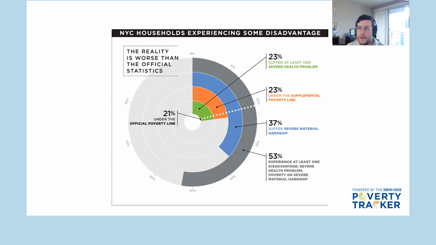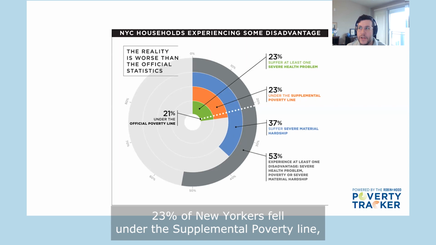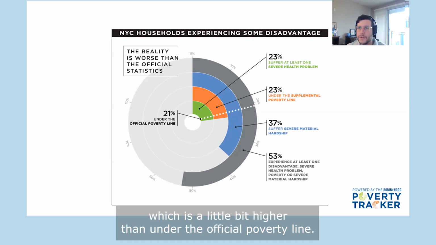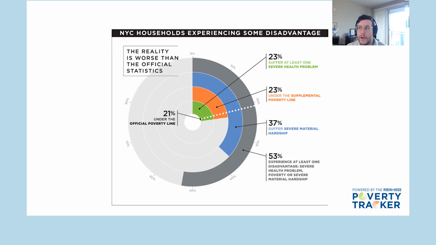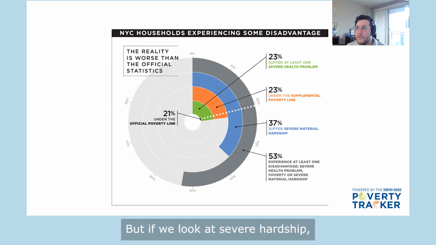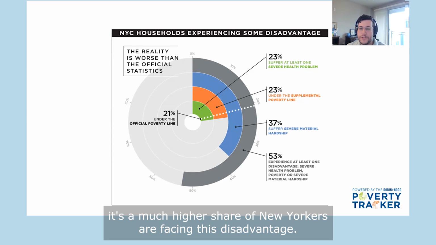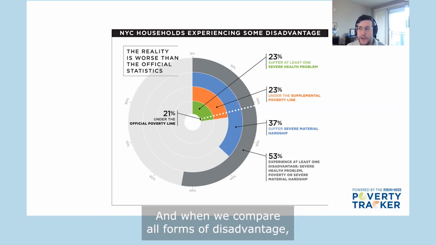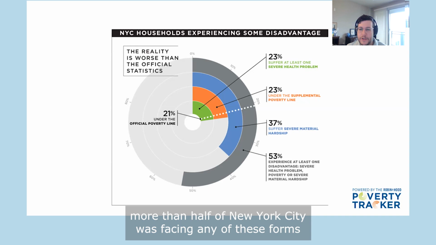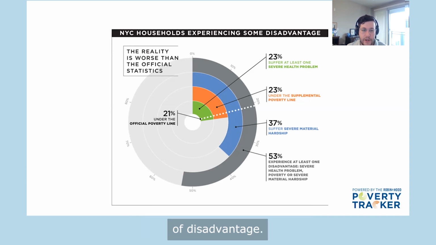So we can see in this data, 23% of New Yorkers fell under the Supplemental Poverty line, which is a little bit higher than under the official poverty line. But if we look at severe hardship, a much higher share of New Yorkers are facing this disadvantage. And when we compare all of the forms of disadvantage, more than half of New York City was facing any of these forms of disadvantage.